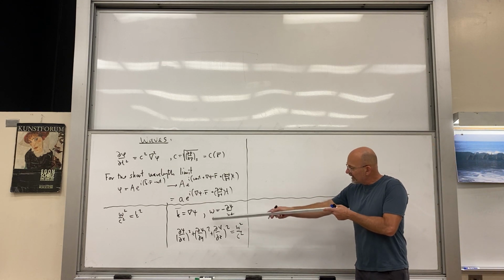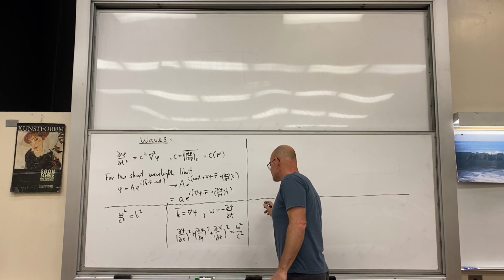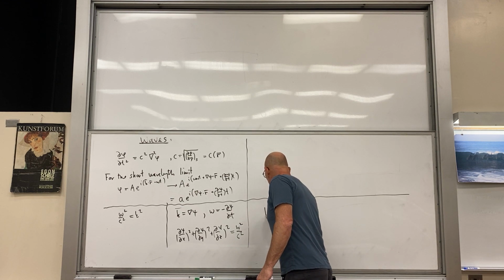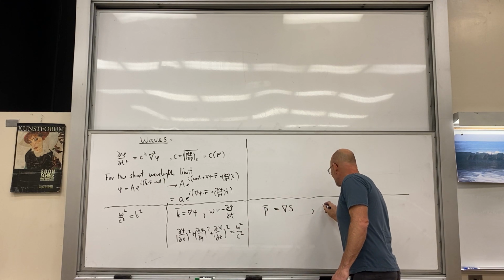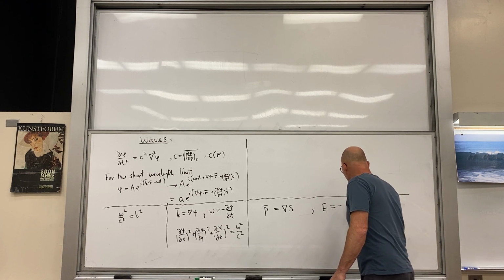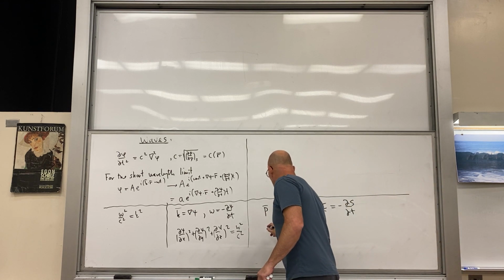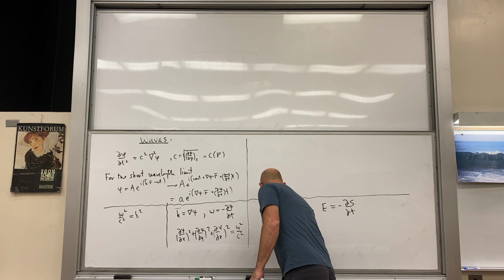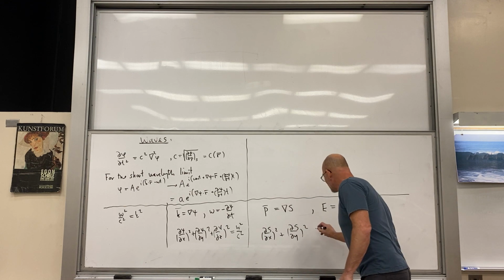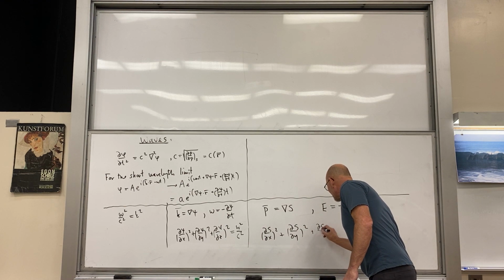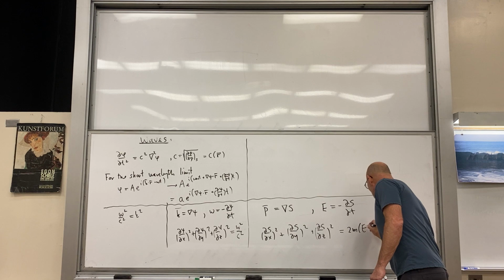So this we recognized as being the Hamilton-Jacobi equation. So I had the Hamilton-Jacobi equation here, and I had p is equal to gradient S. I had E is equal to minus dS/dt, and this thing here was dS/dx squared plus dS/dy squared plus dS/dz squared, in other words gradient S squared, equals 2m(E minus U), right?